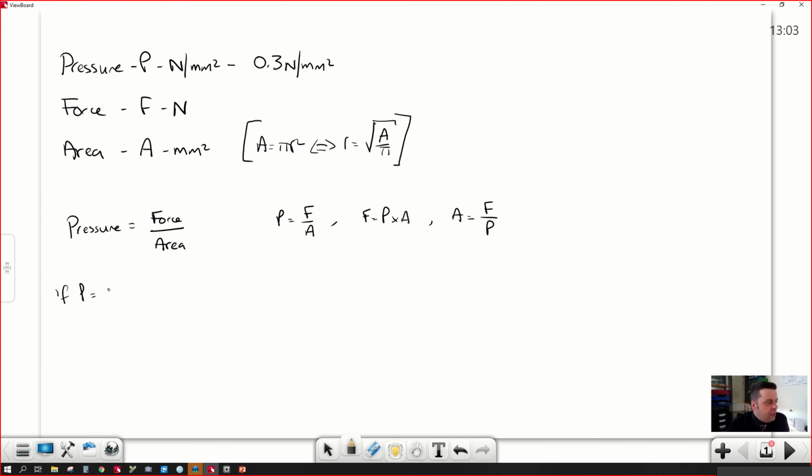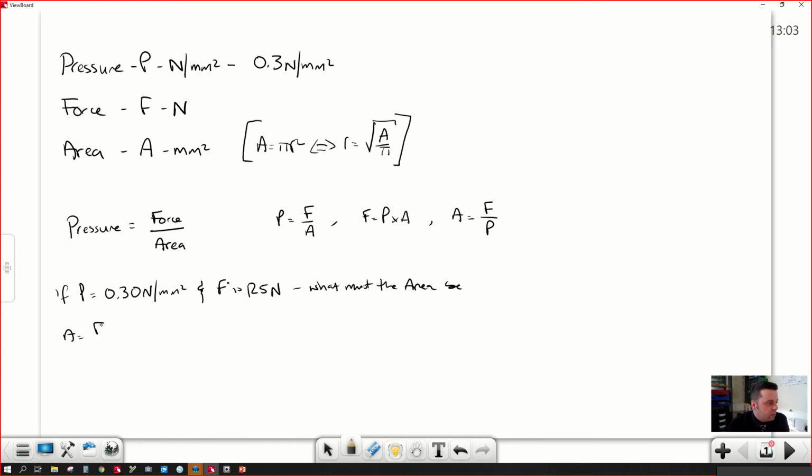if P equals 0.30 newtons per millimetre squared and force is 125 newtons, what must the area be? So we're using this form of the equation.